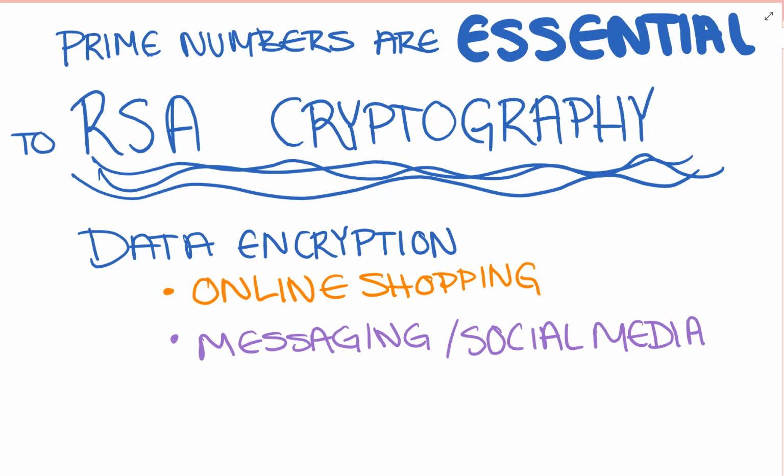All of this encryption involves really, really, really huge prime numbers that have 300 or more digits. Those are massive numbers, but prime numbers are essential to keeping your messages safe, to keeping your credit card info from getting stolen, all that when you are online.